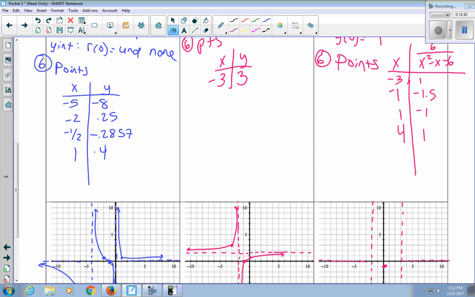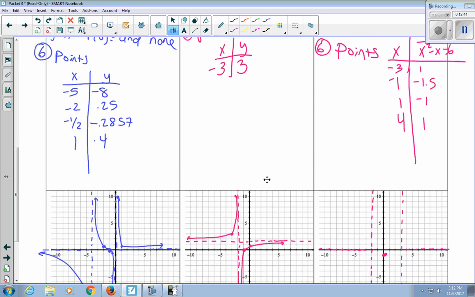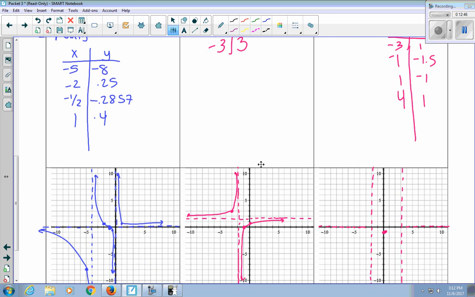Okay, and I just plot those points. -3, 1. -1, -1.5. 1, -1. And 4, 1.